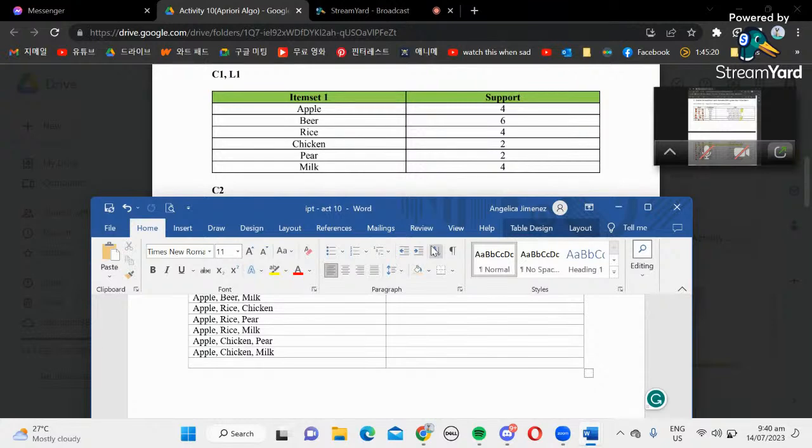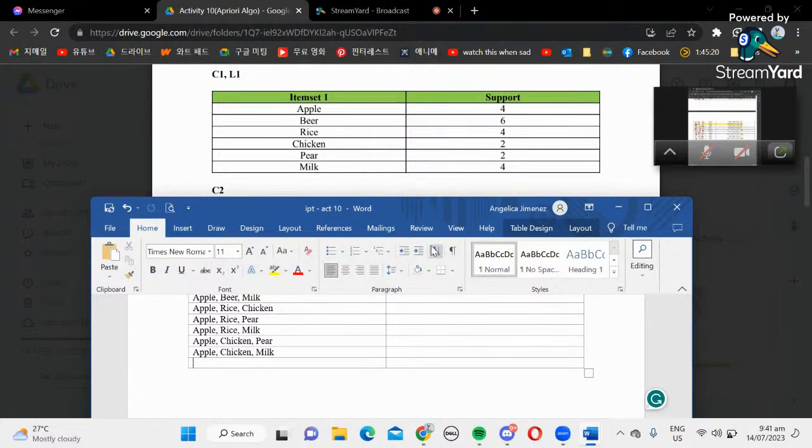Then if we are going to buy rice, then we are going to buy apple and beer. Then if we are going to buy beer and rice, then we are going to buy chicken. If we are going to buy beer and chicken, then we are going to buy rice.